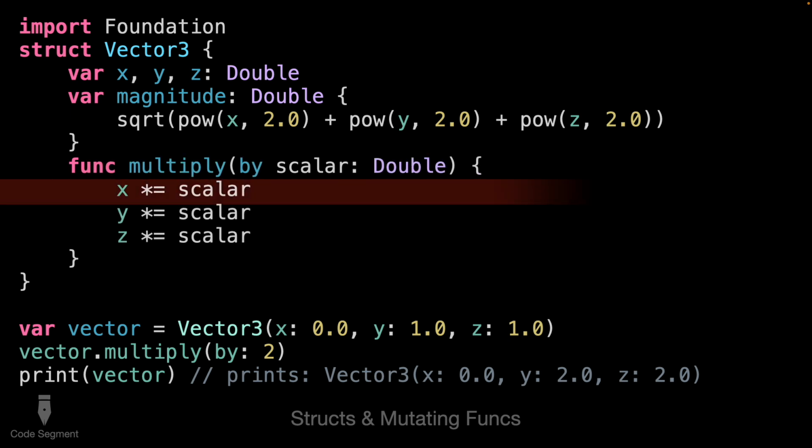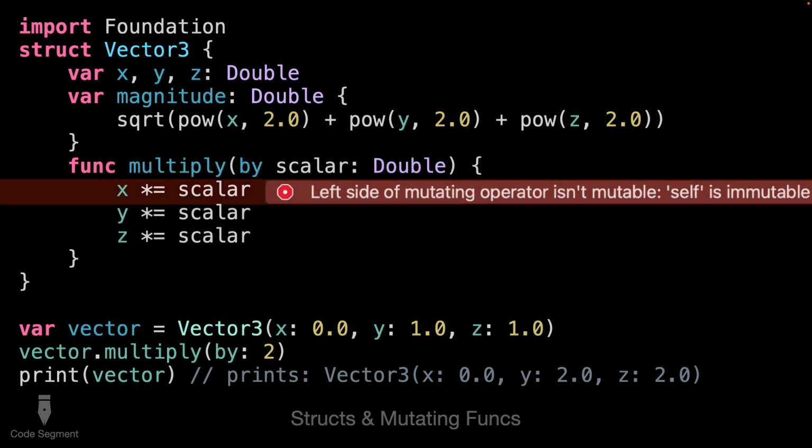Which is mutating functions. So in Swift, structs are considered to be immutable by default. They do not want to allow you as a programmer to change them after you made them. This is a form of optimization.